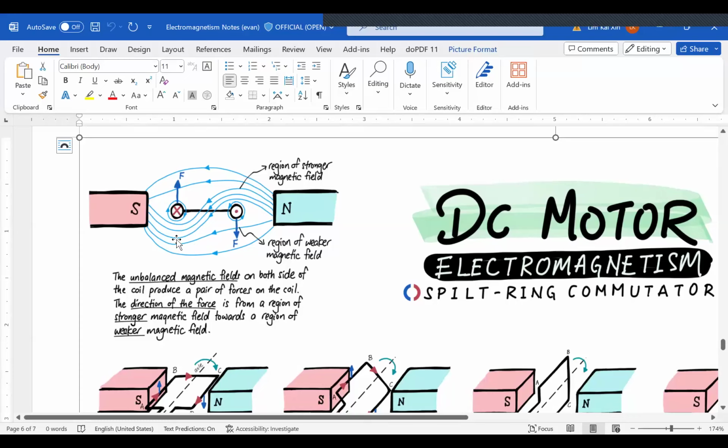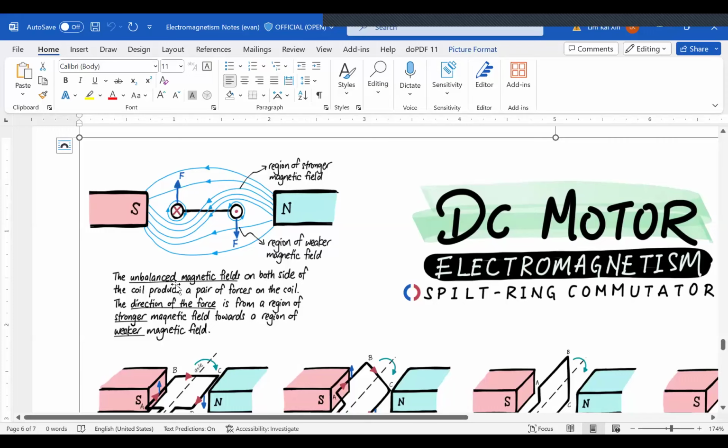Because of this difference in magnetic field on the left-hand side, I produce an upwards force, because the force always acts from a region of stronger magnetic field to a region of weaker magnetic field. Similarly for this side, I will have a stronger magnetic field here and a weaker magnetic field here, so the force will be downwards.